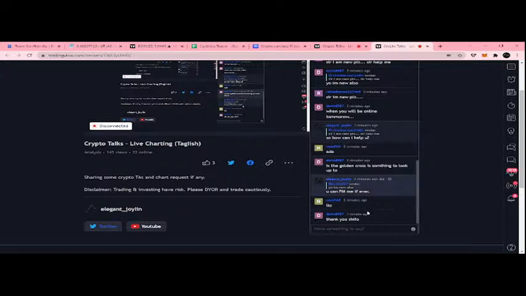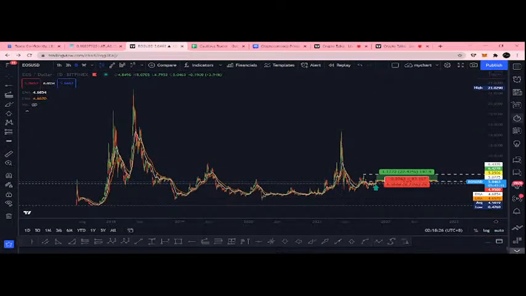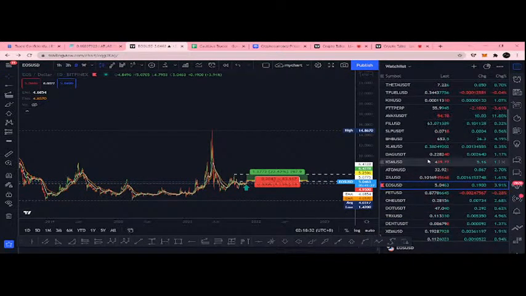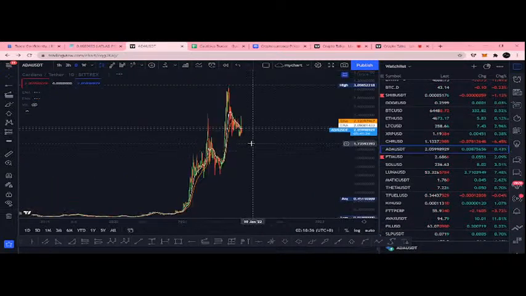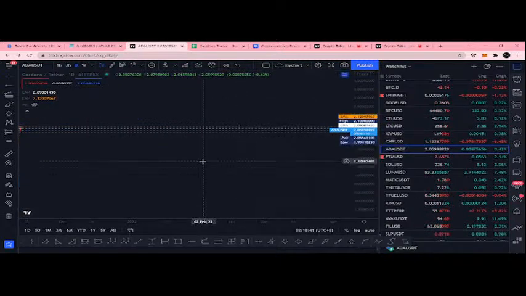ADA and LTC. So let's try to look at ADA. But ayaw niya kasi. Well, actually ADA, I'm actually waiting for. It's already below my purchase price. Let's try to remove it a bit.